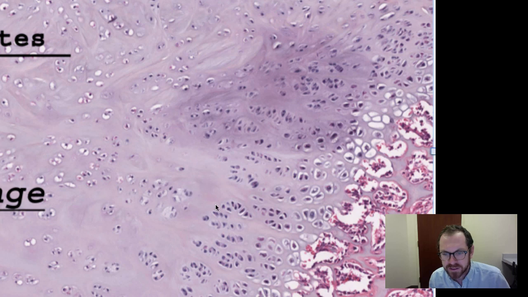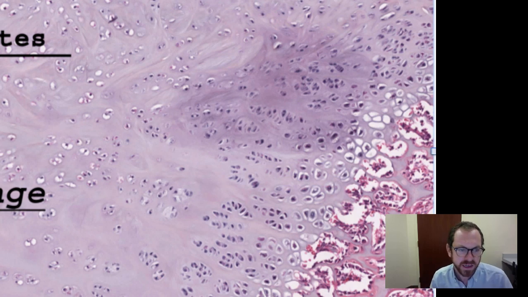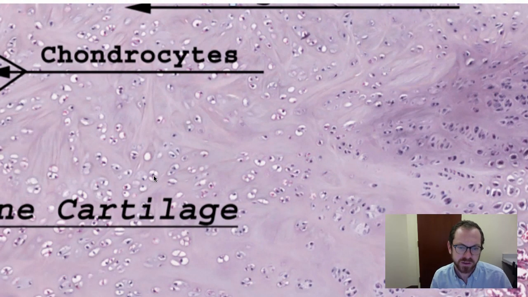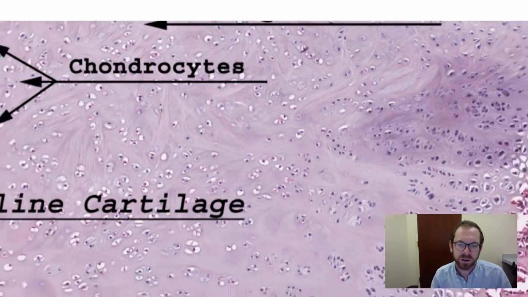But as these chondrocytes migrate away from the edge of this tissue, we see less of that stacking or linear appearance, and now we're seeing them more as paired. And they almost seem to look like googly eyes that you would put on an arts and craft project.